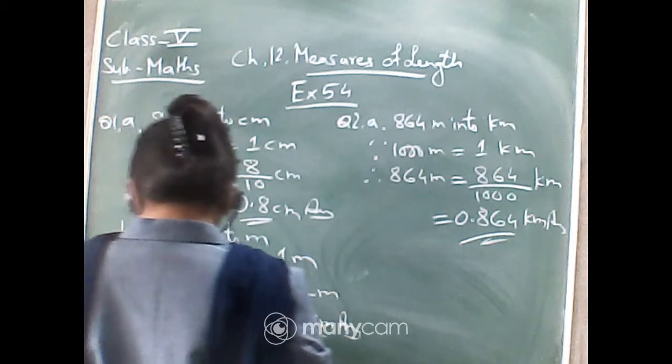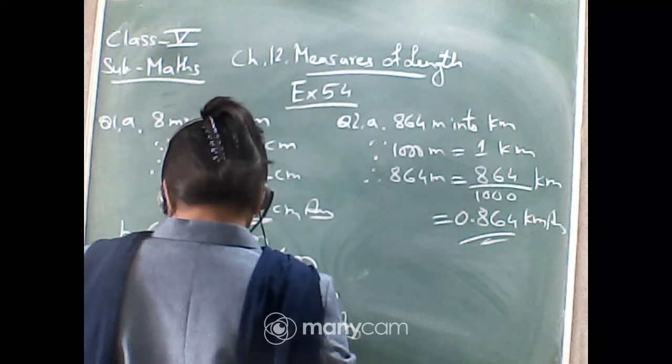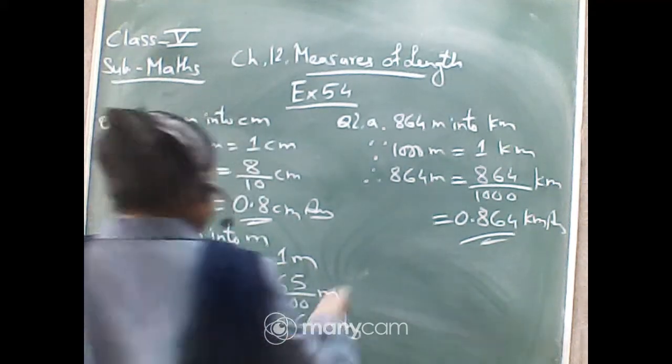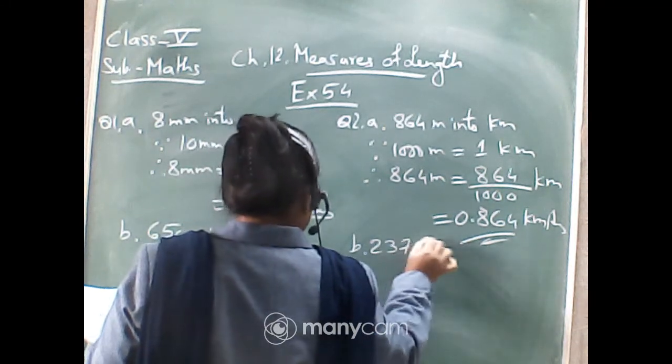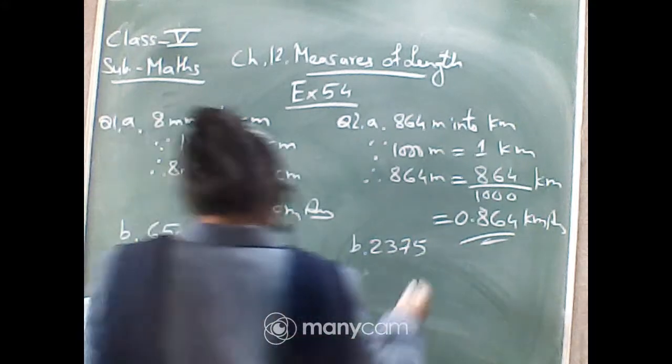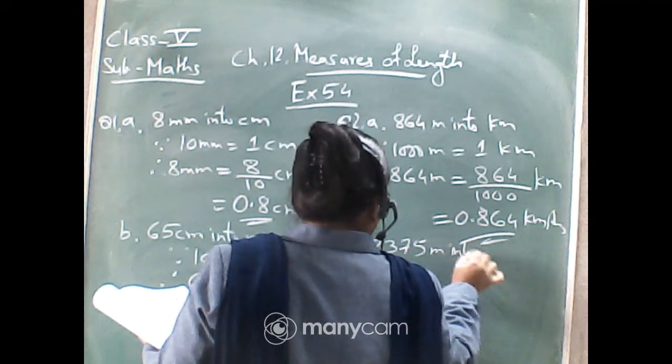Similarly, the others also you will do the same way. Number B, it is given 2375 meter into kilometer you have to convert.